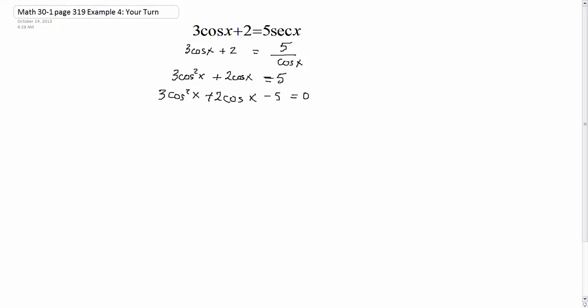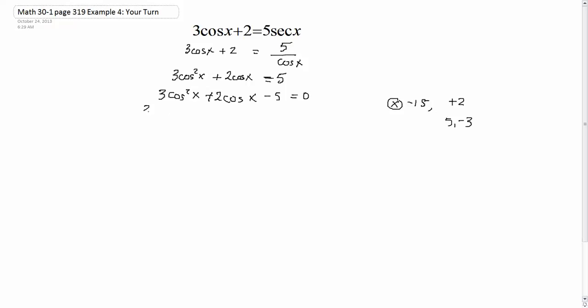Now we're going to factor this. We see that we're looking for two numbers that multiply to give negative 15 and add to give positive 2. That would be positive 5 and negative 3.